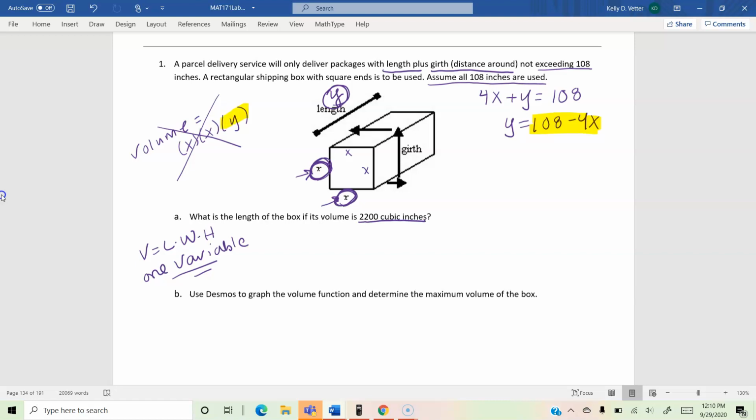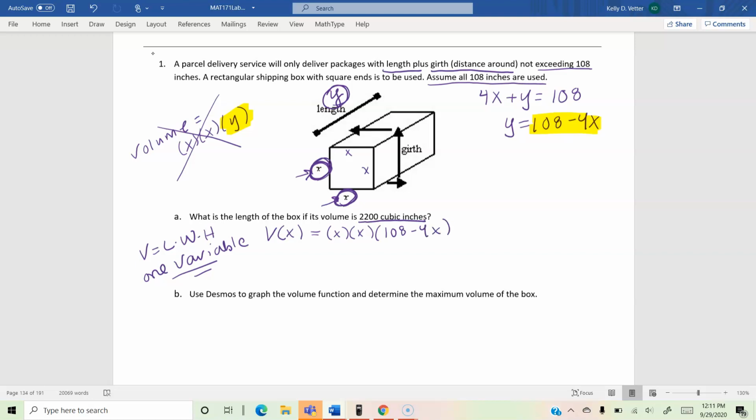So if we go back to this thing that you were trying to do over here, instead of putting a y, you can put 108 minus 4x. So let's set up our volume. I'm going to call this v of x, volume in terms of x.